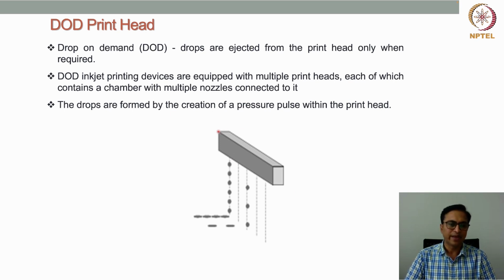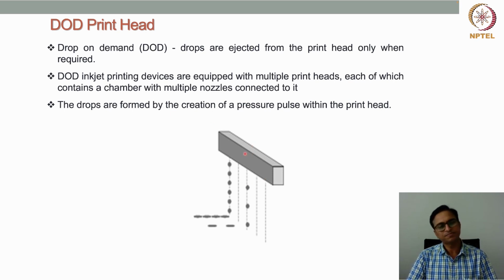That means inside this printing device, there can be multiple printheads attached, and each printhead can carry multiple nozzles. So there can be thousands of nozzles connected to a single printing device, right? So that's how it is built.